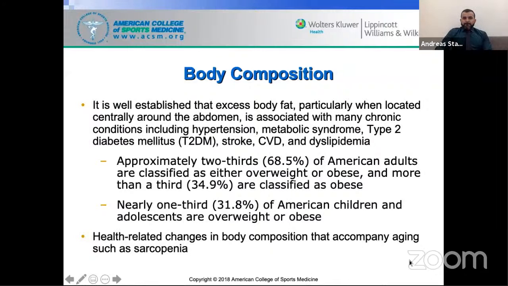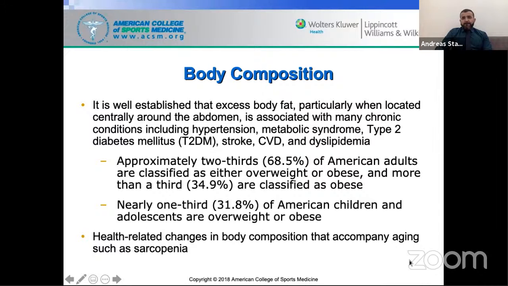Now, some disturbing numbers: 2/3 of American adults are classified as either overweight or obese, and more than 1/3 are classified as obese. Okay, nearly 1/3 of American children and adolescents are overweight or obese. The pediatric data are very disturbing.